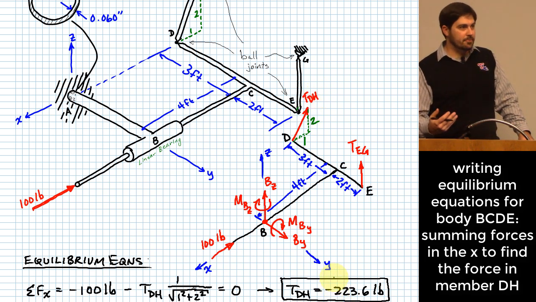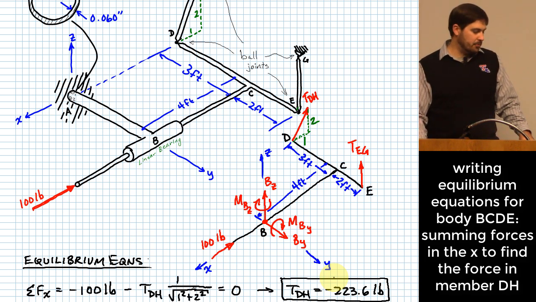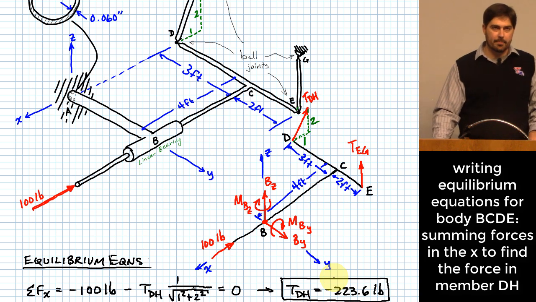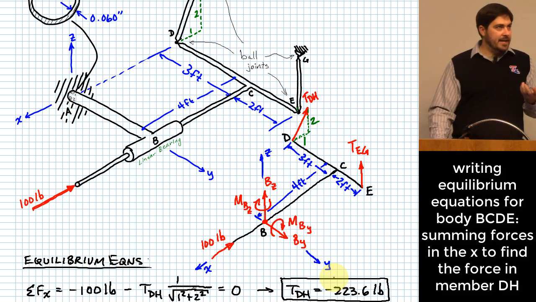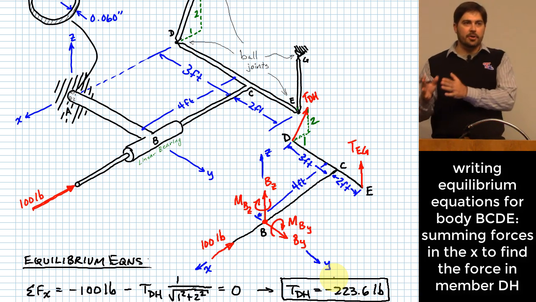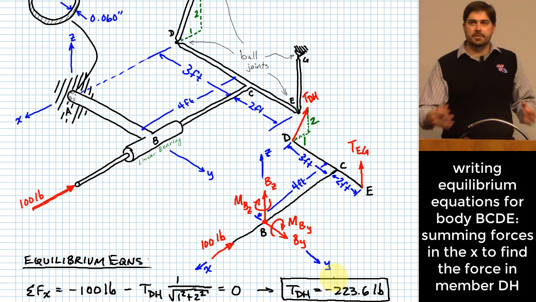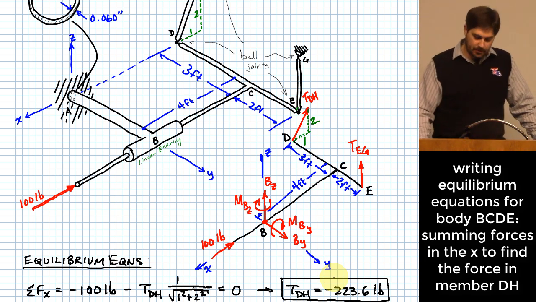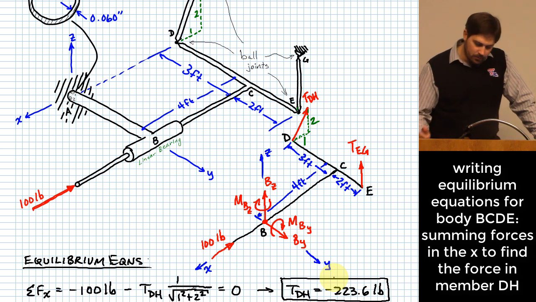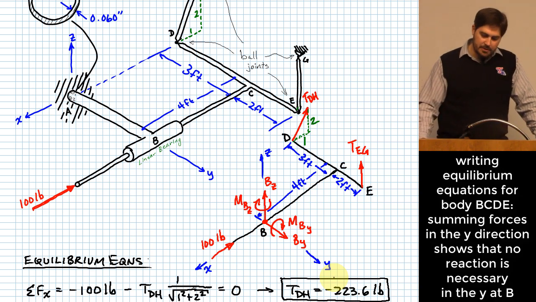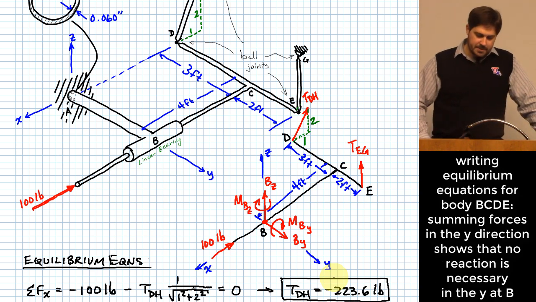It's got a compressive force in it, not a tension force. So specifically for two force members, that sign can mean something if you've defined all your two force members so that you assumed tension was positive for all of them. Okay? All right, what's next? Is there anything else we can do with this setup?